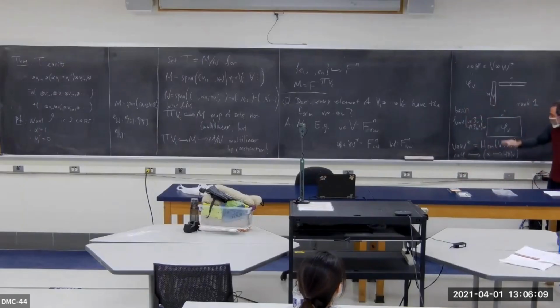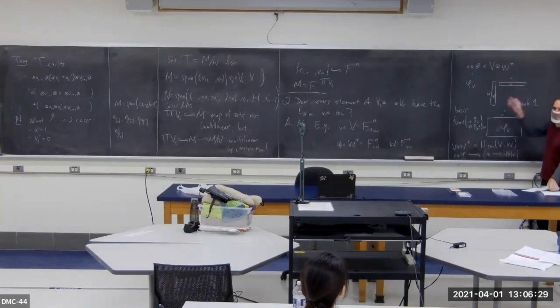So if you take a basis for V and a basis for W star and then multiply those, then you get a basis. If you let these be standard basis vectors and those be standard basis vectors, then the matrices you get this way are standard basis vectors of the tensor product, which you've seen before, because those are the matrices that have a 1 in one entry and all the rest zeros.